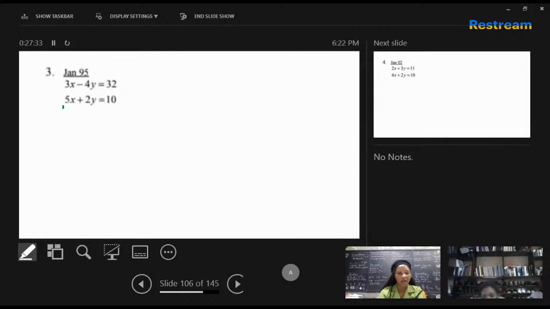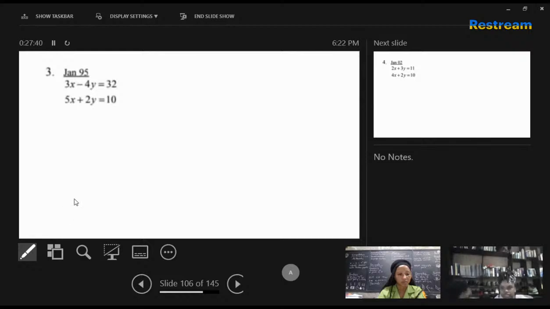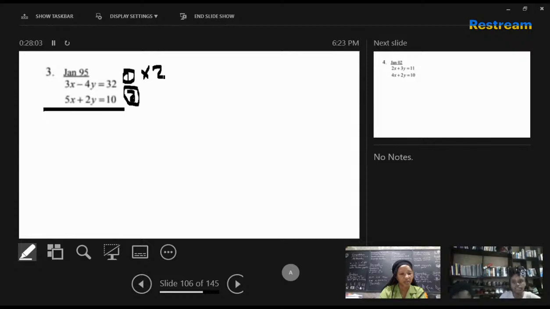All right, Imani, this number 3 is yours. That's equation 1. That's equation 2. I'm going to use the y values to multiply the bottom by 4 and the top by 2.